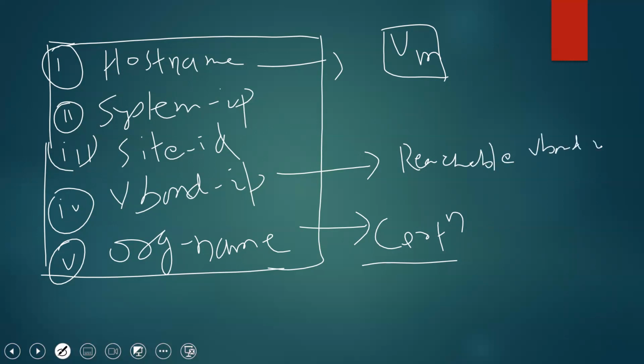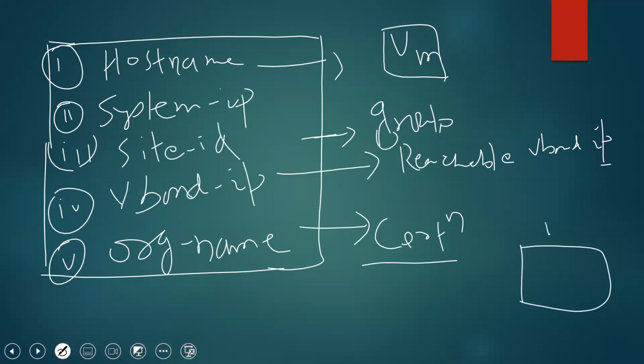It should have the reachable vBond IP. And then site ID is very interesting, and later on you'll understand more and more about it, but it's a type of grouping the same type of devices in the same site. Suppose I have one site whose ID is 11, and I have three devices belonging to site ID 11. That means they are part of one group, site ID 11, and by default, devices in the same location will not form the IPsec tunnel between them.